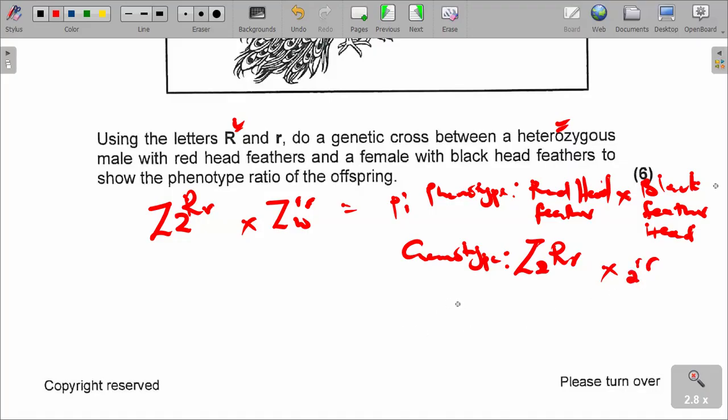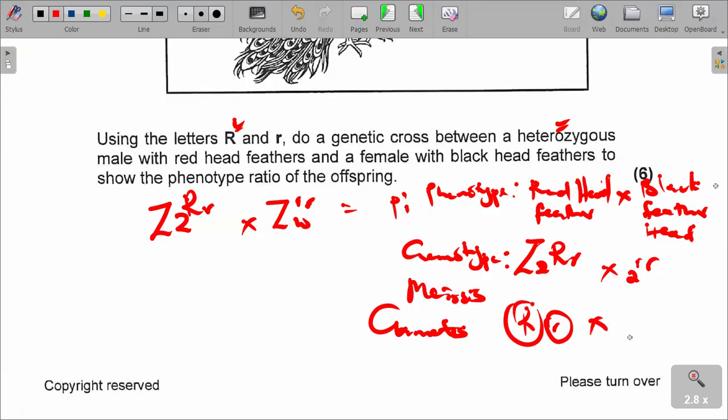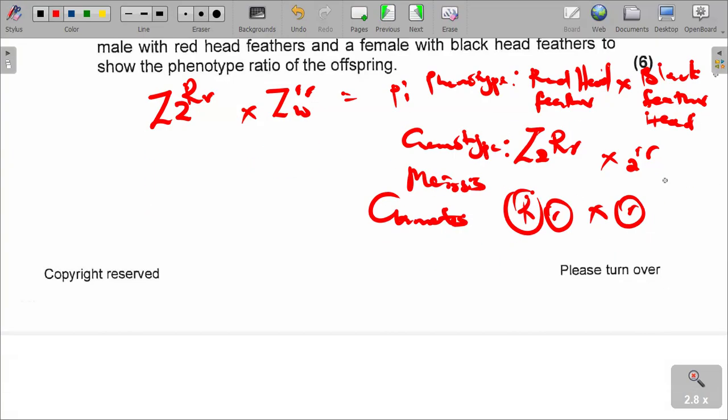So now our meiosis, and then we have got our gametes. Our gametes, we are going to have R, and then we also have R crossed with R, because it's meiosis, it gives us one R.